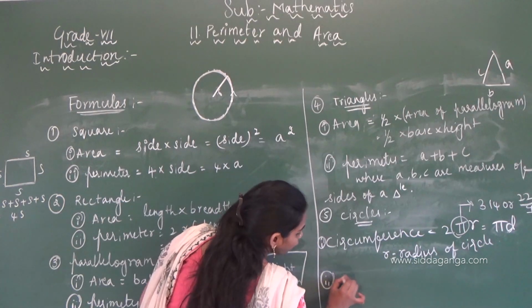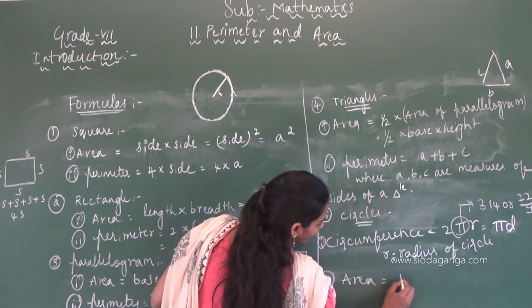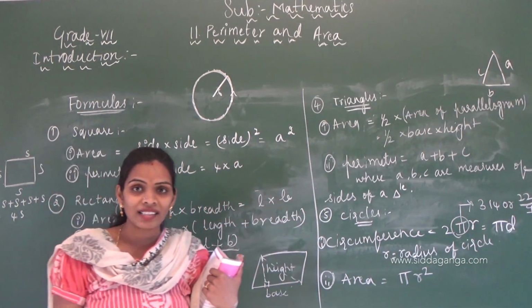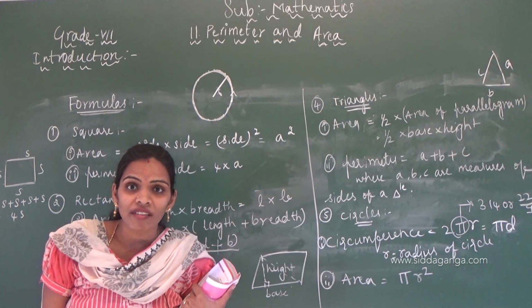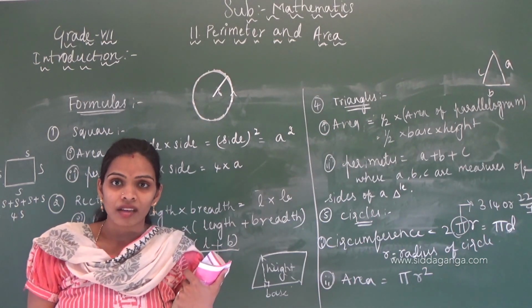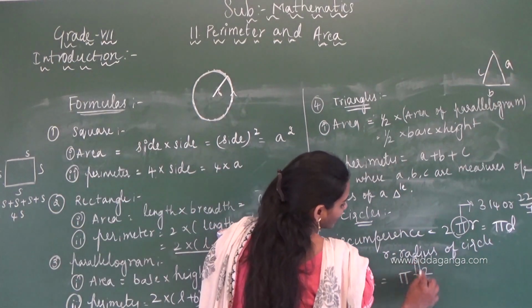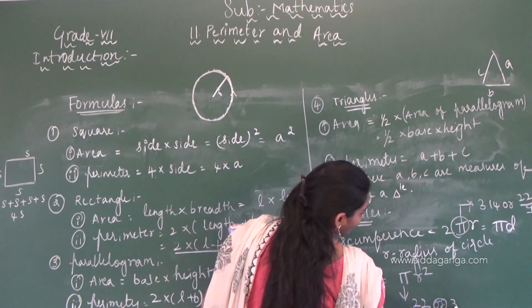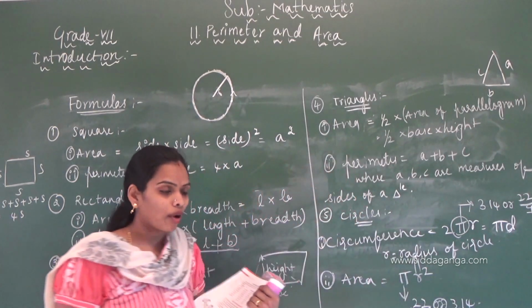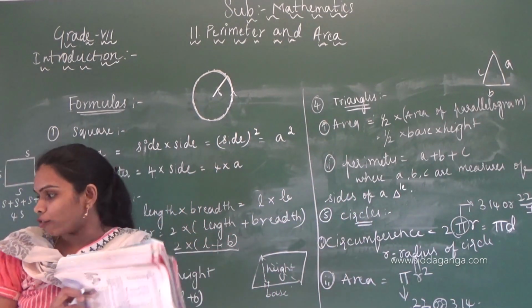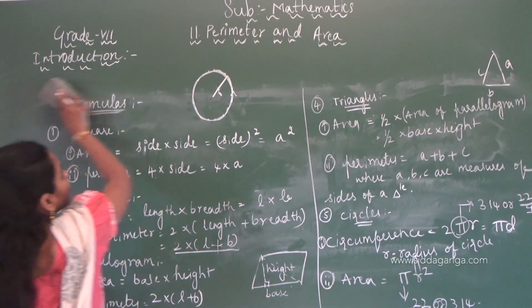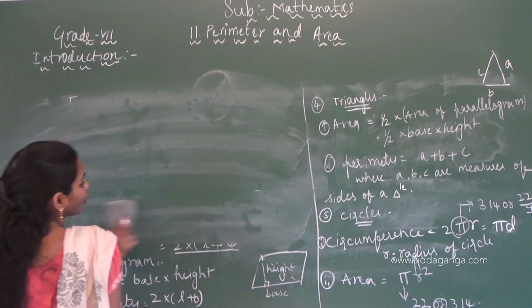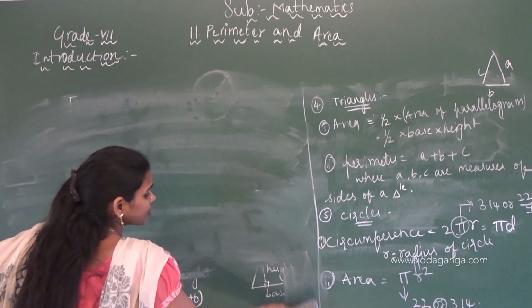To find the area of the circle, we have a formula called pi r square. Here also pi is a constant whose value is 22 by 7 or 3.14, and r is the radius of the circle.